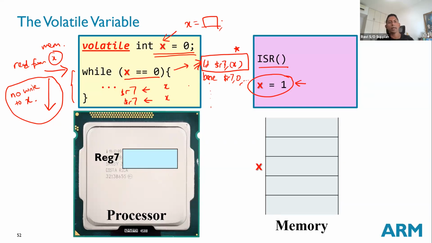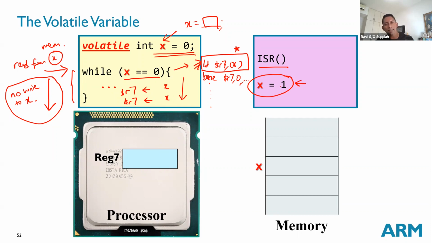Sometimes you may see that I never declare volatile, but it still works. Then again, it depends on what else you are doing in your main code. If your main code is written in a way that there is also read-write access, then there is a chance that this load from the memory is happening again somewhere else in the code.